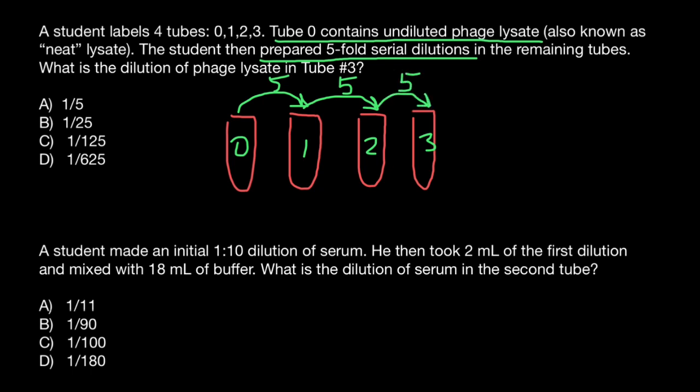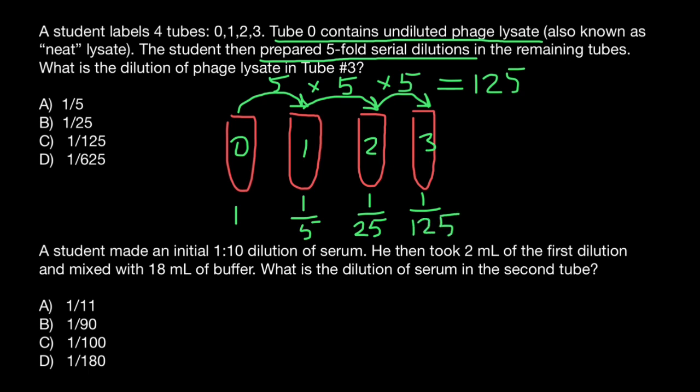So basically all we need to do is multiply all these numbers, and we are going to get a 125-fold dilution. In other words, we can also say that here 1 represents 100%. In this test tube we are going to get 1/5, in this tube 1/25, and here we are going to have a dilution of 1/125.